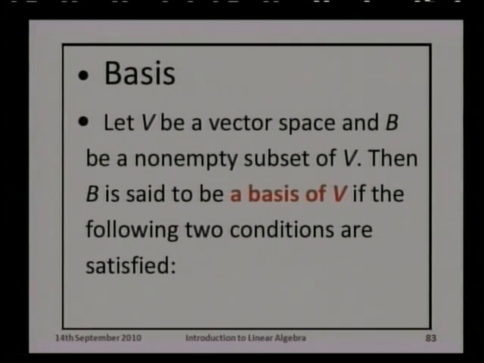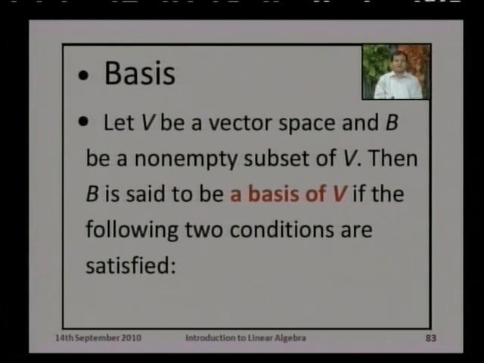Here we come across the next concept, which is the most important, and it is fundamental to the vector space, or in linear algebra we must understand the concept of a basis.